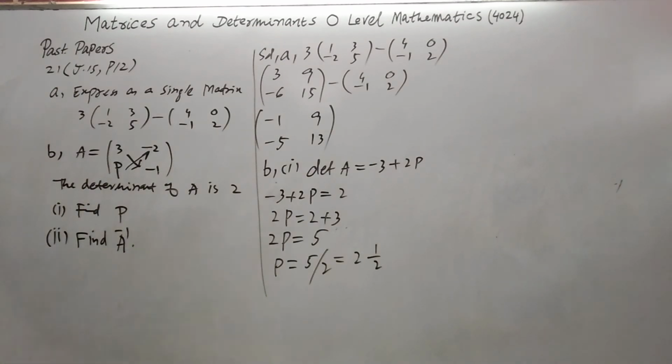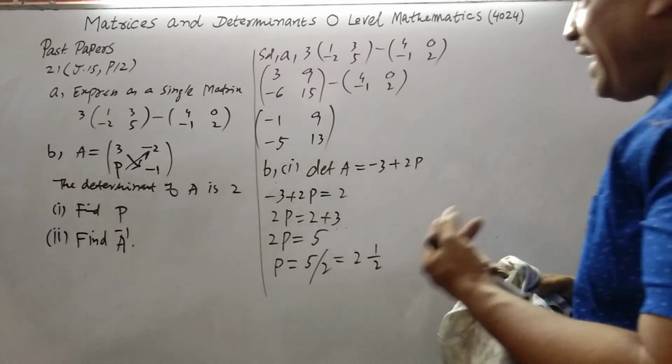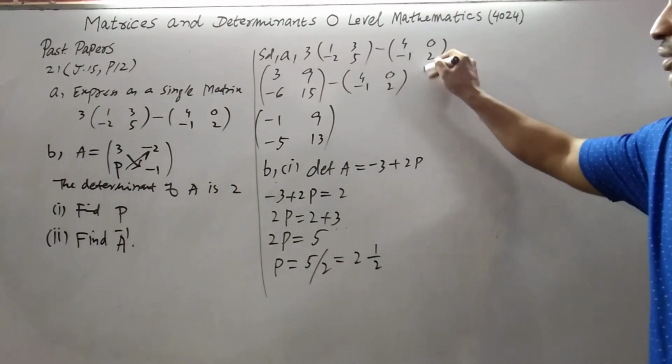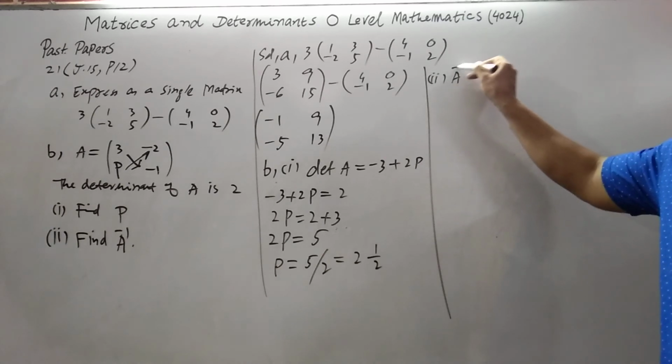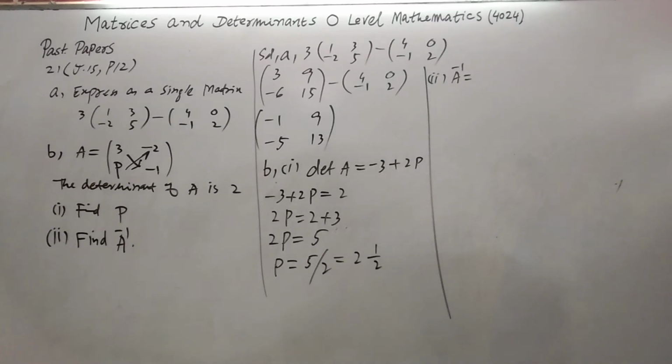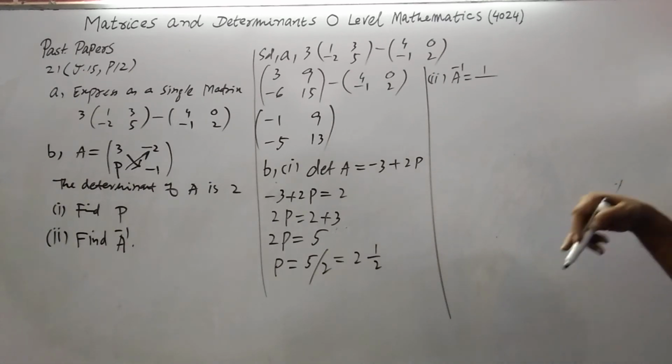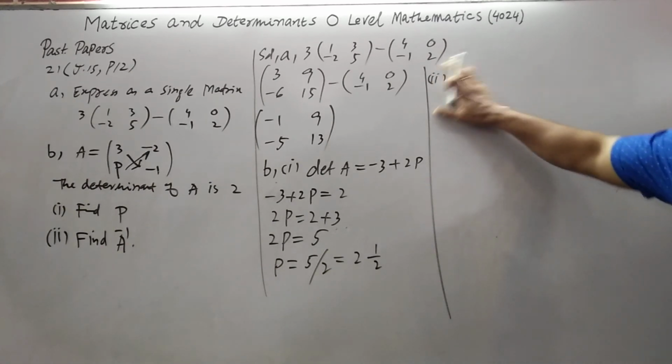Now come to the last part of this question. Find A inverse. How to find A inverse? Just write 1 upon the determinant. We have already found the determinant.